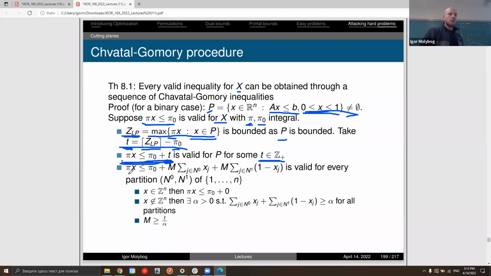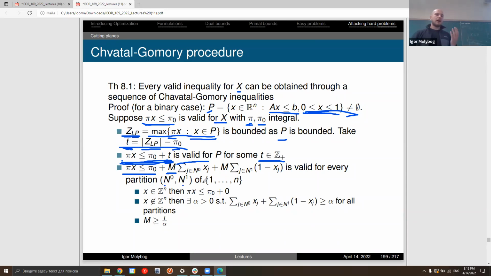Now we want to show that there is a value of M such that pi X less than or equal to pi 0 plus M times the summation over j belonging to N0 of xj plus M times the summation over j in N1 of 1 minus xj is valid for every partition N0 and N1.